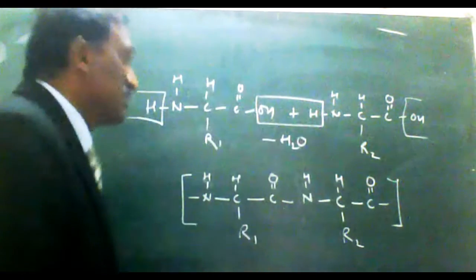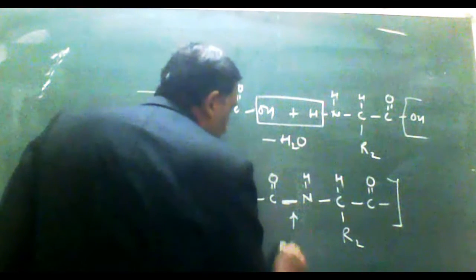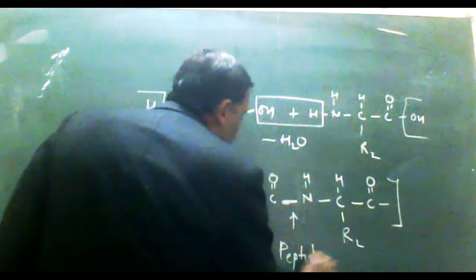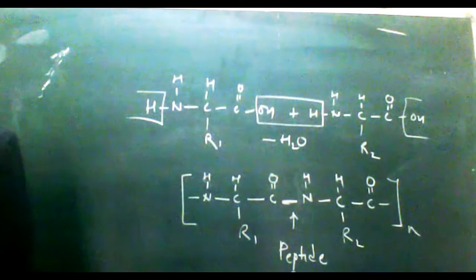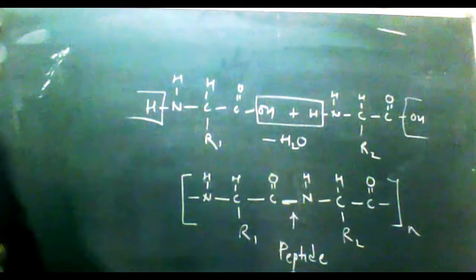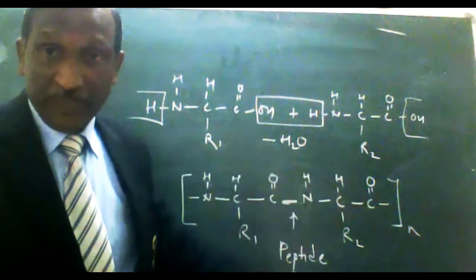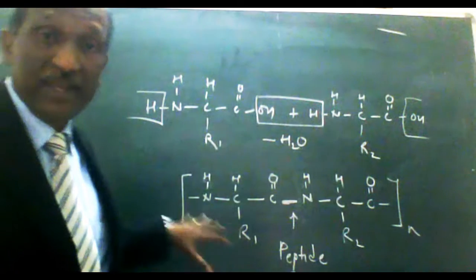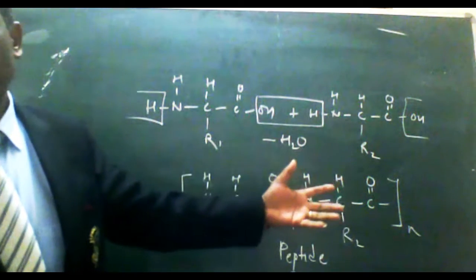So this is known as a peptide bond. And n number of such molecules may combine to produce a polypeptide. If one bond exists between two amino acids, n number of such amino acids may combine, so it will be known as a polypeptide.